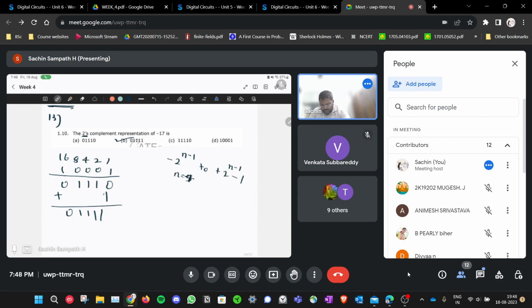With 5 bits, you can count from minus 2 to the power 4, minus 16, to plus 15. So with 5 bits, you can't actually represent minus 17 at all. You can only go from minus 16 to plus 15, right?